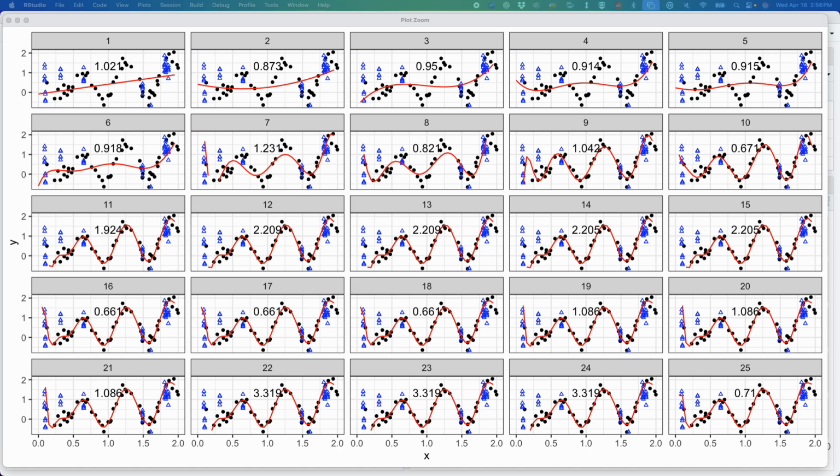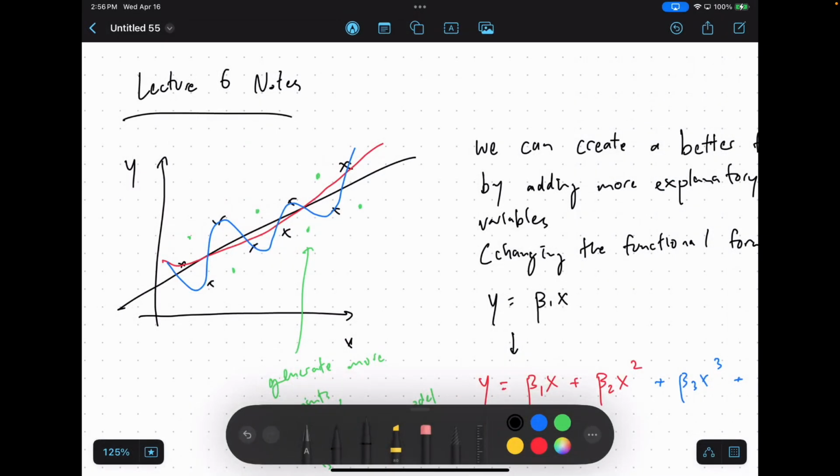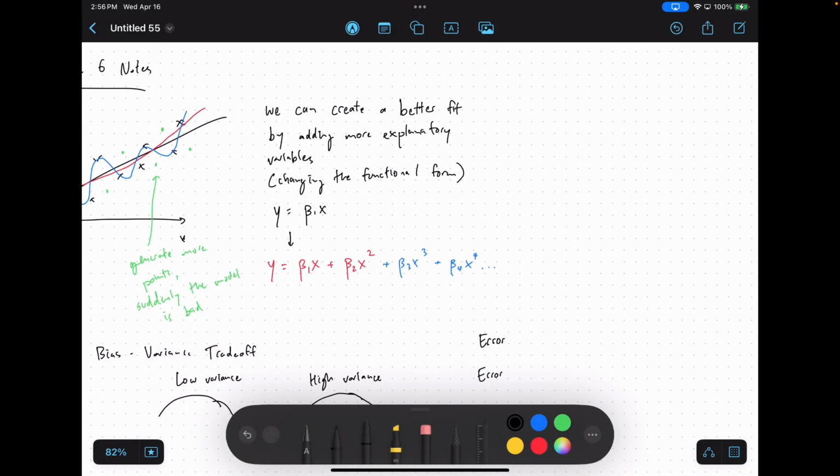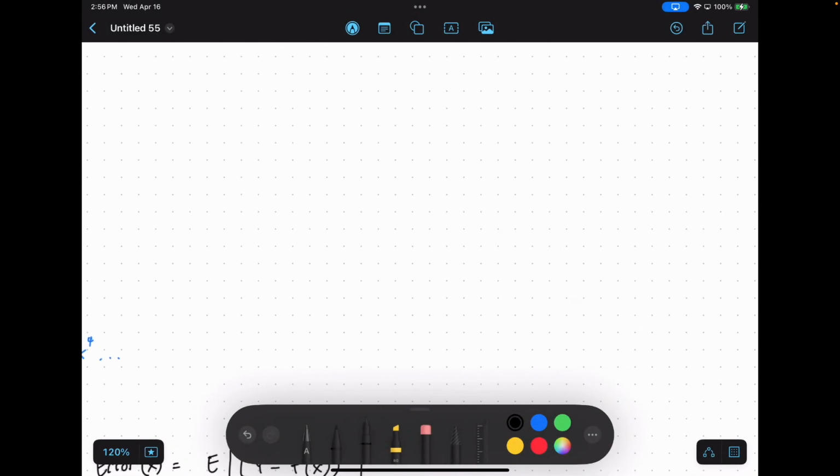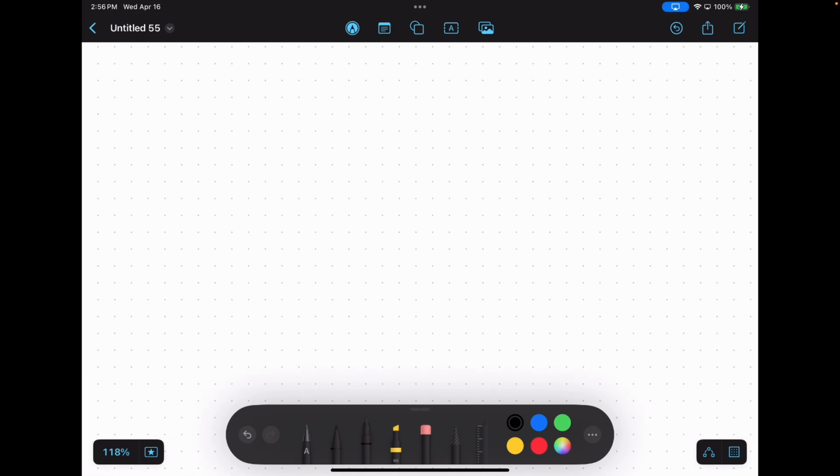It introduces degrees of freedom. And let me see if I can try and formalize how introducing the degrees of freedom gives you a lot more flexibility in the model output.